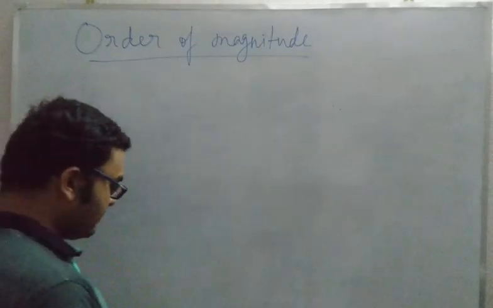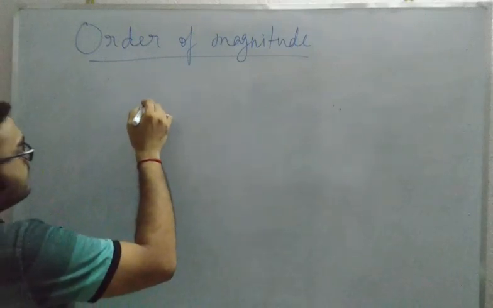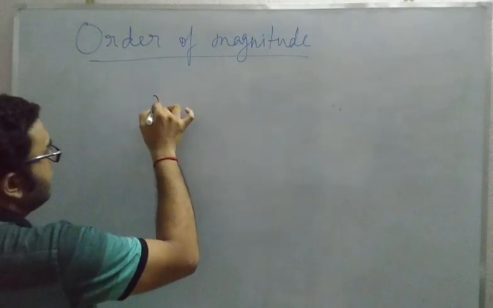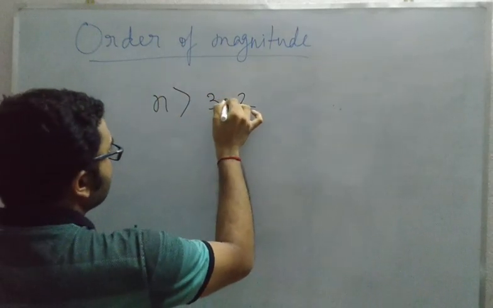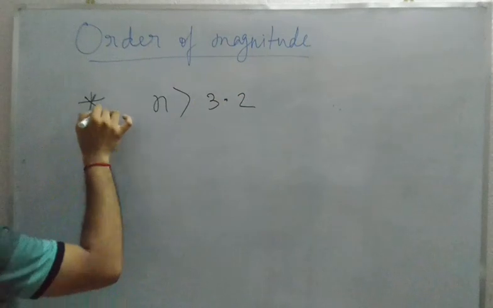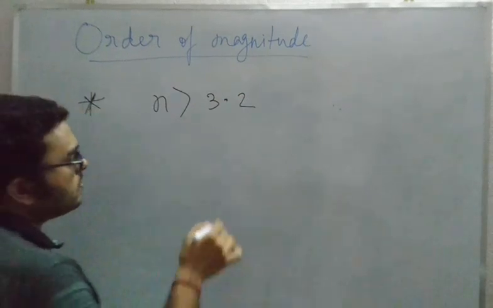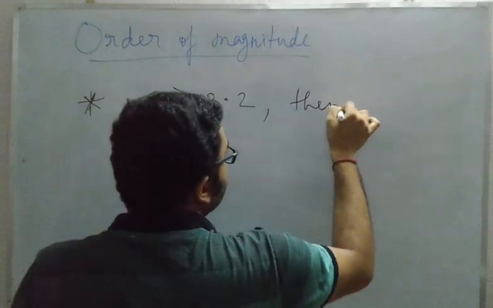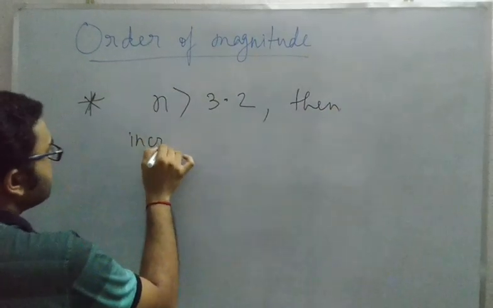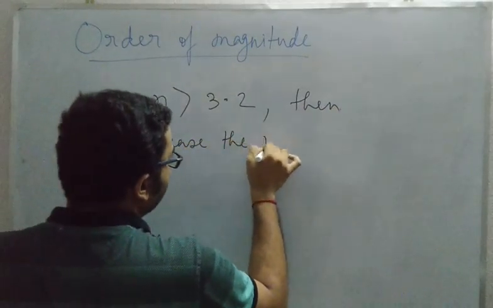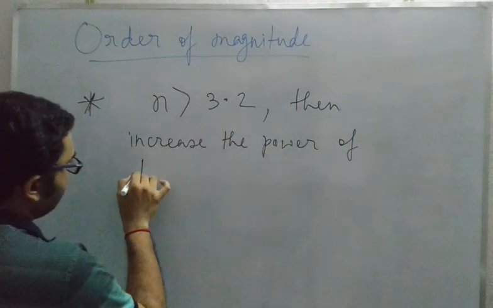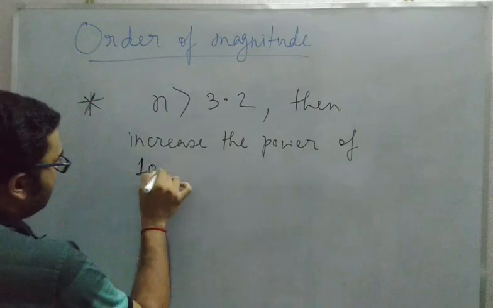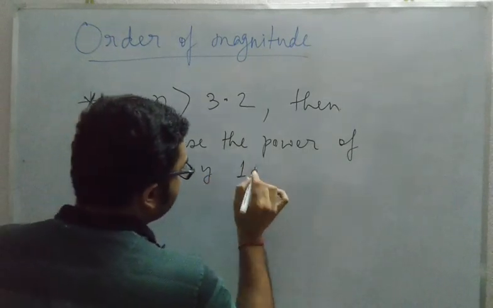See, if I get that the value of n, please note it down, if the value of n is greater than 3.2, just note it, greater than 3.2, then increase the power of 10 by 1. Okay, means add 1 with it.